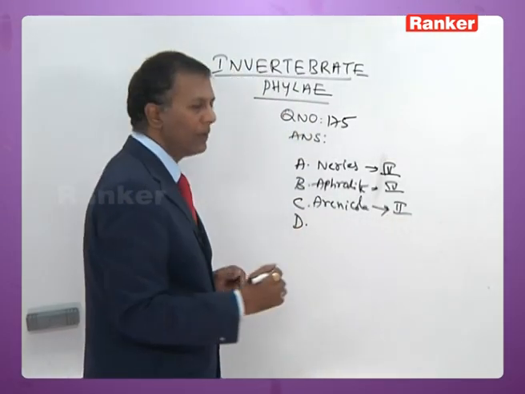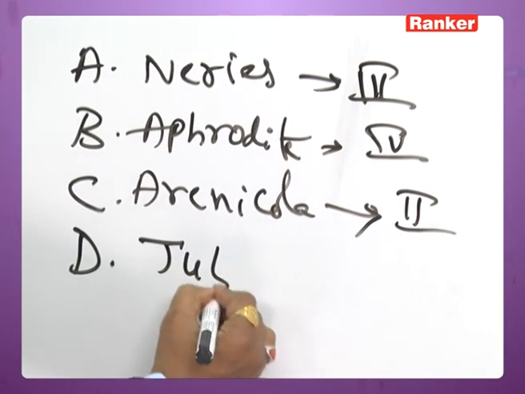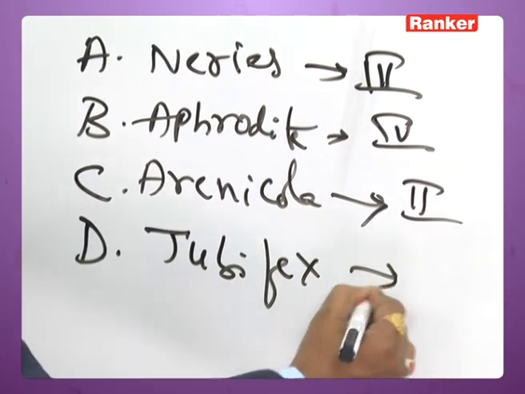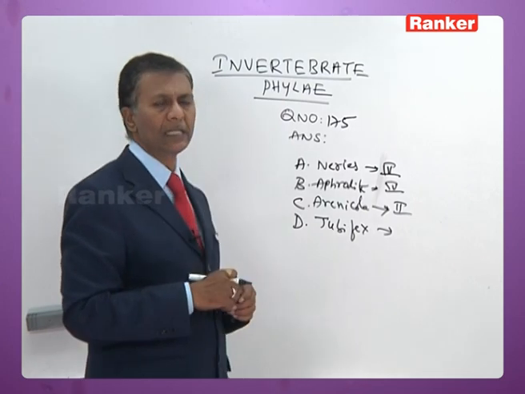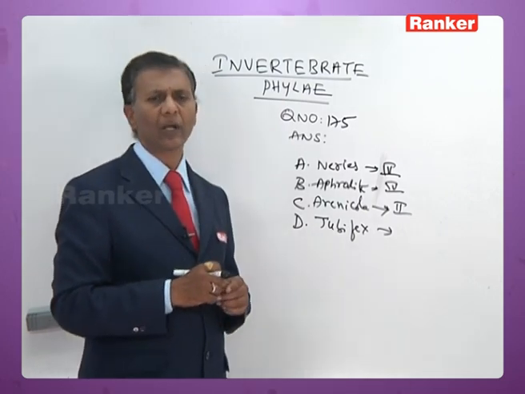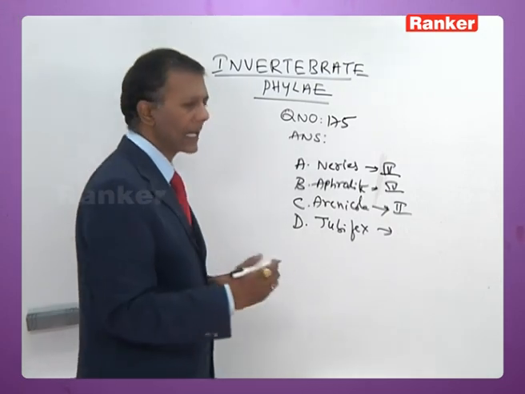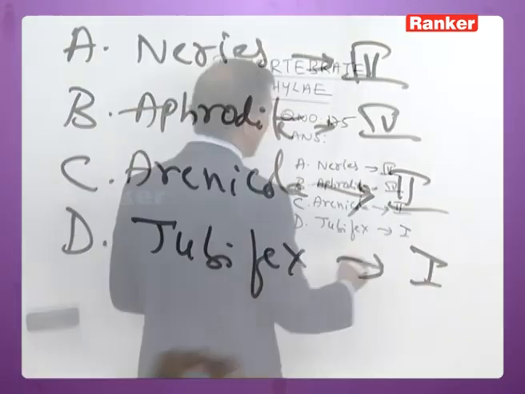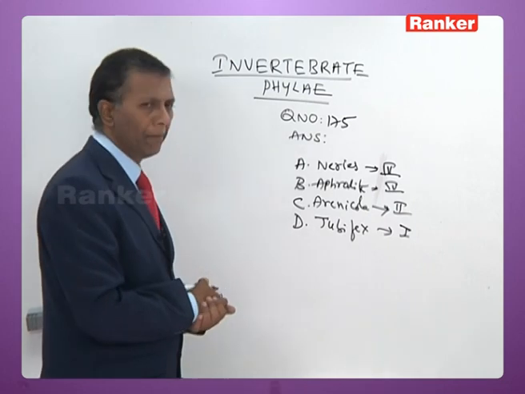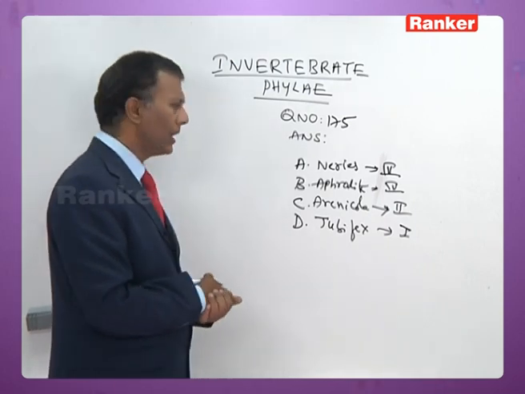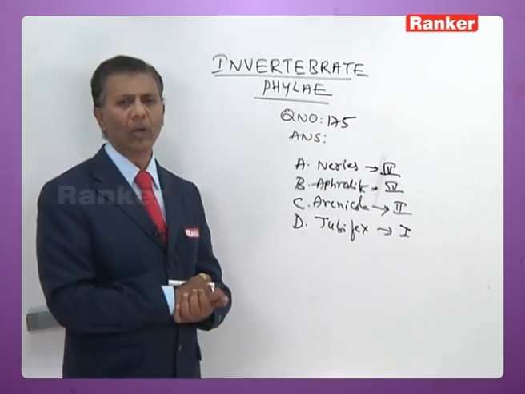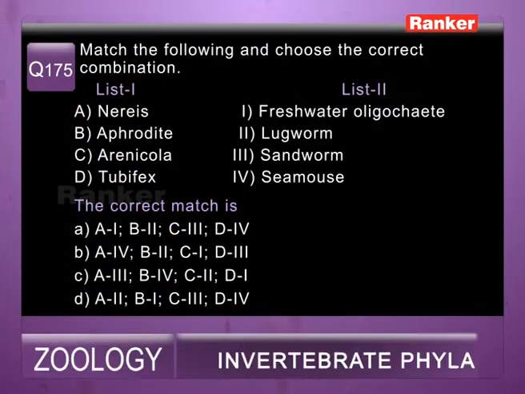D Tubifex. Tubifex is an oligochaete commonly called bloodworm, or freshwater oligochaete, that is the correct answer. So, the answers are A3, B4, C2 and D1. So, 175 question correct answer is C.